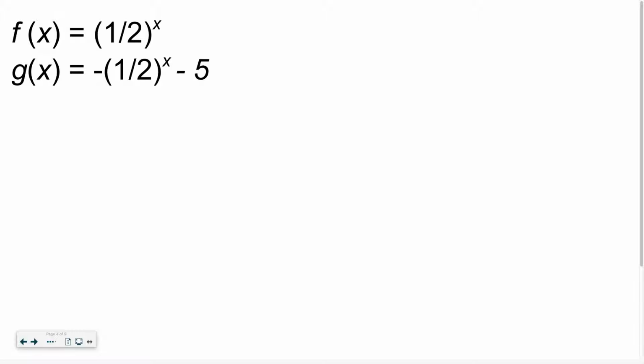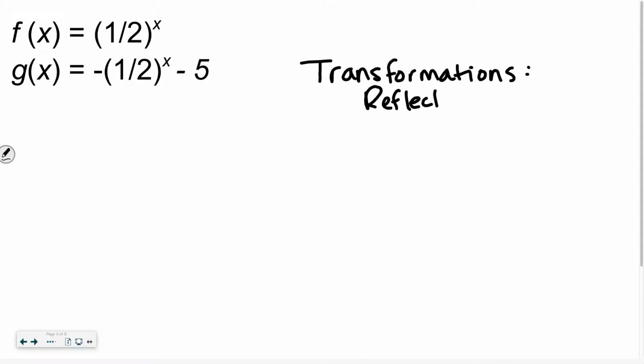First, name your transformations. Tell your group members what transformations you see in that equation for G. I would say reflect, go down.